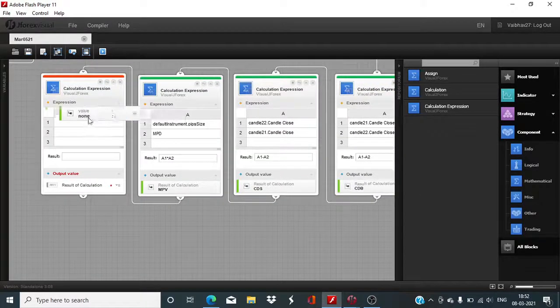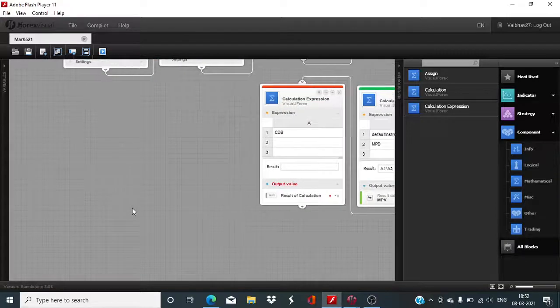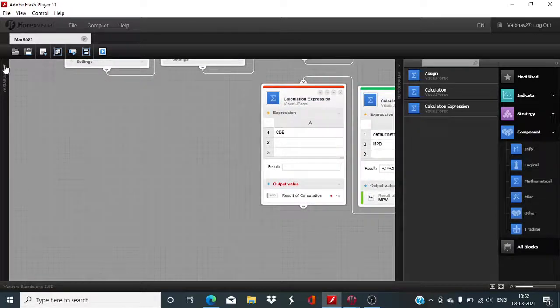And this difference needs to be multiplied by 0.4.